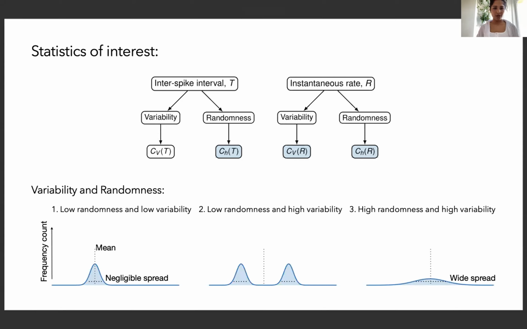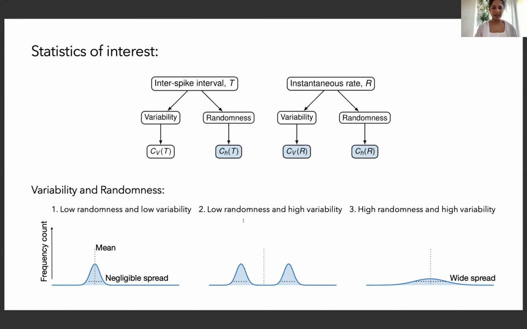To expand on that further, let's look at these three instances. This is going to make it clear. In the first instance, the data is really concentrated around the mean, so we have really low variability. All the values are concentrated with negligible spread around the mean. So the randomness is low as well as the variability, because we can easily predict what the values are going to be.